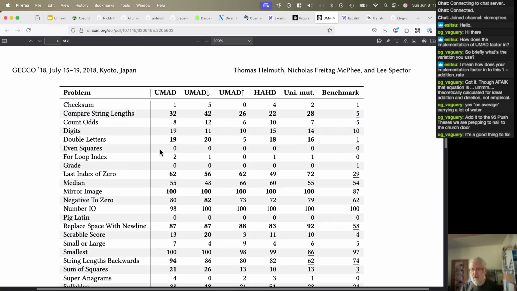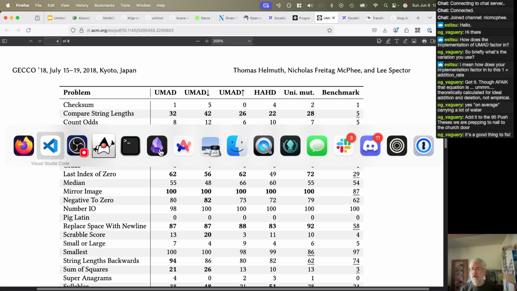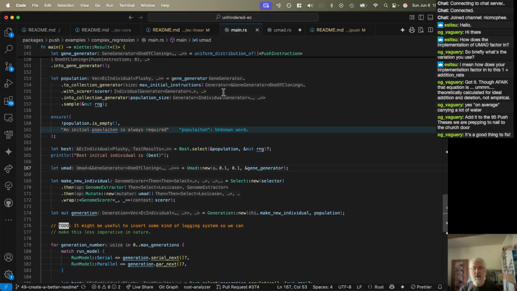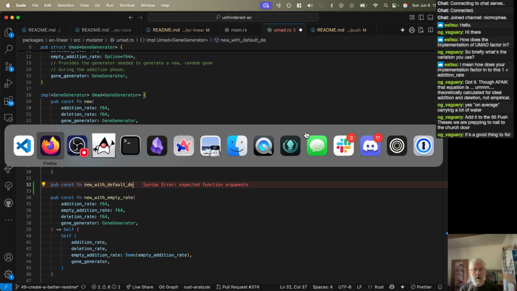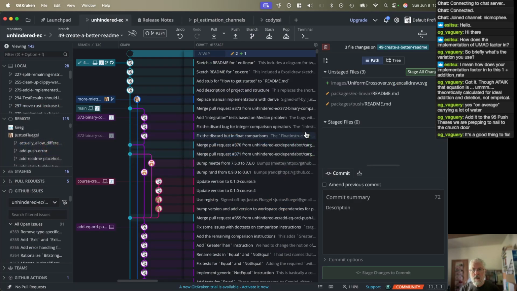Okay, well, Vagary thinks it's a good thing to fix. Let's fix it, because it won't be hard. And then we can see what the impact is, if any. So actually, I want to undo what I did here, because I don't want that to happen in this branch. Actually, let's go over here.